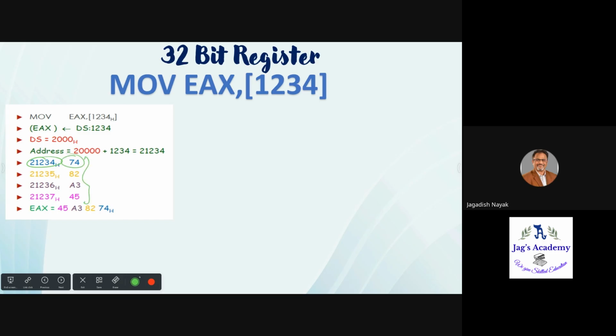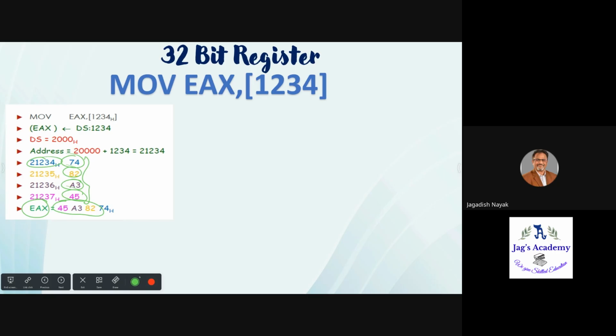This is going to be the lowest byte, next lowest byte, next lowest byte, next highest byte, and so on. Understood this, right? So it will read this 32-bit value into the register EAX, right?